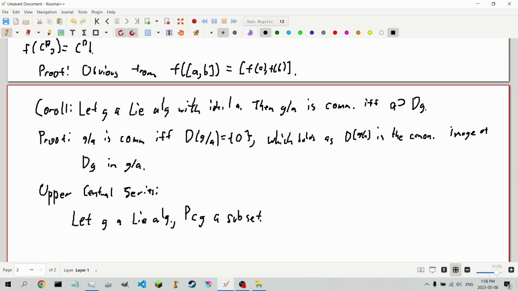Recall the centralizer of P in G. I guess that's backwards, isn't it? The centralizer in G of P is the set of X in G where X commutes with all of P.